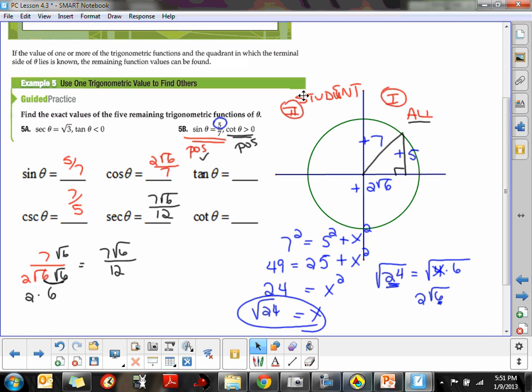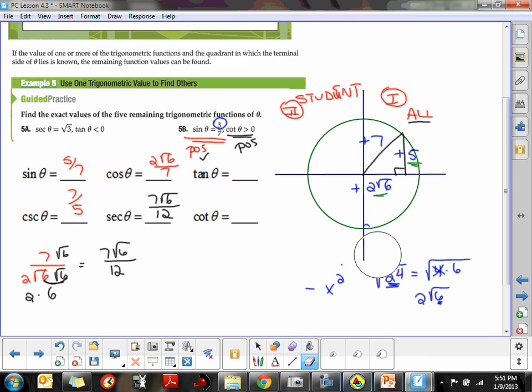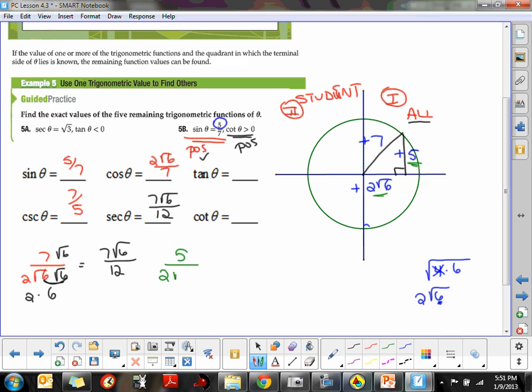And then finally the tangent is going to be the opposite over adjacent, or the y value over the x value. So that means I'm going to have a little simplification to do, so I'm going to clear some space and I'll work that. We've got 5 divided by 2 times the square root of 6.